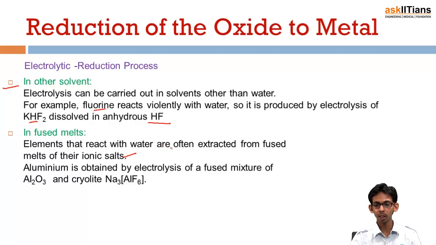Elements that react with water are often extracted from fused melts of their ionic salts. Aluminium is obtained by electrolysis of a fused mixture of bauxite and cryolite. Bauxite is the ore which is melted, and from there aluminium is extracted, and cryolite is added into the bauxite in order to reduce its melting point.